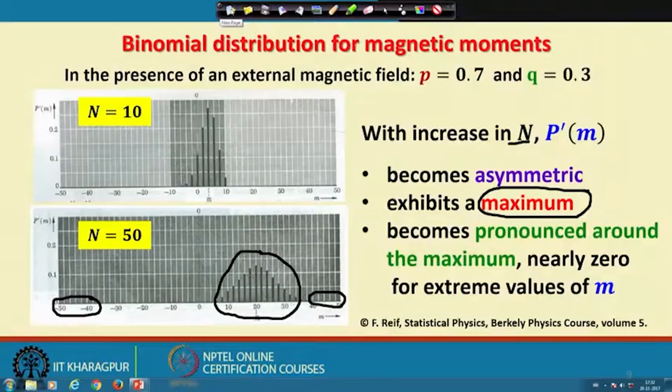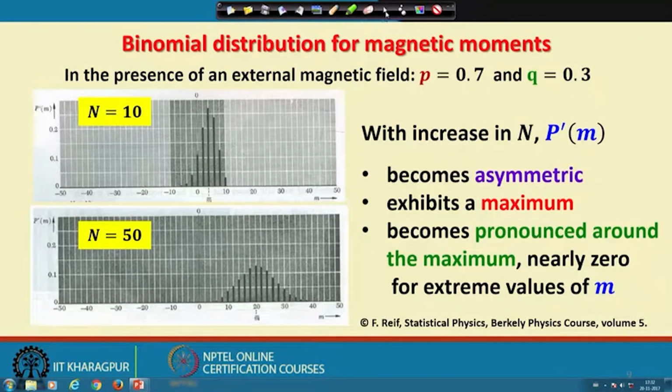So, what have we learned from here? The major takeaway message from this slide is that when I increase the number of particles present in the system, there is a very important consequence.